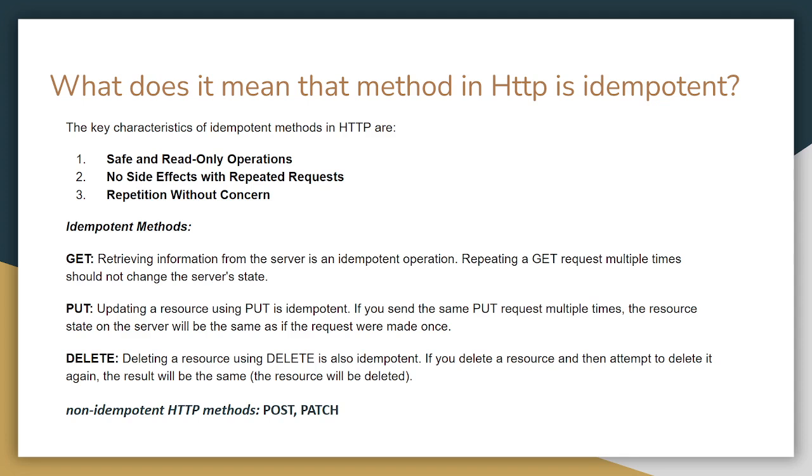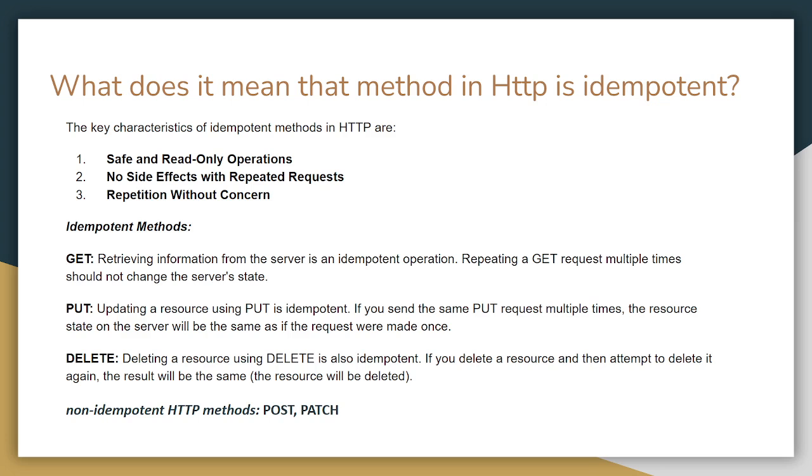In other words, an idempotent operation can be repeated multiple times without causing different outcomes beyond the initial application of the operation. Some of the key characteristics: safe and read-only operations. Idempotent methods are often associated with safe and read-only operations that don't modify the state of the server. These operations can retrieve information without altering the server data.